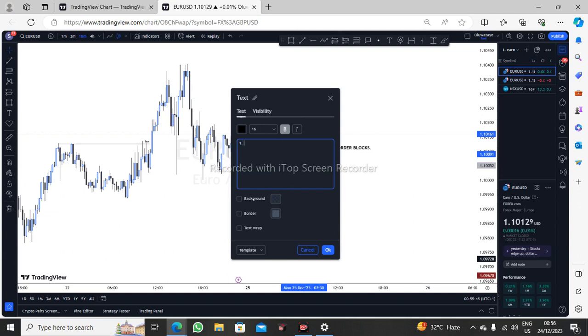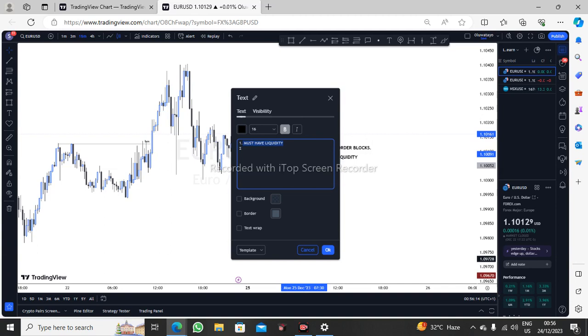Now the first key is, put this in mind, an order block must have liquidity. That's the first key. Let me just highlight it in hierarchical order.